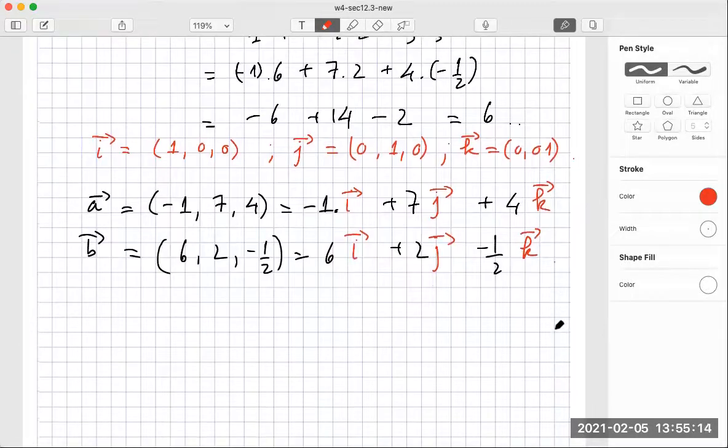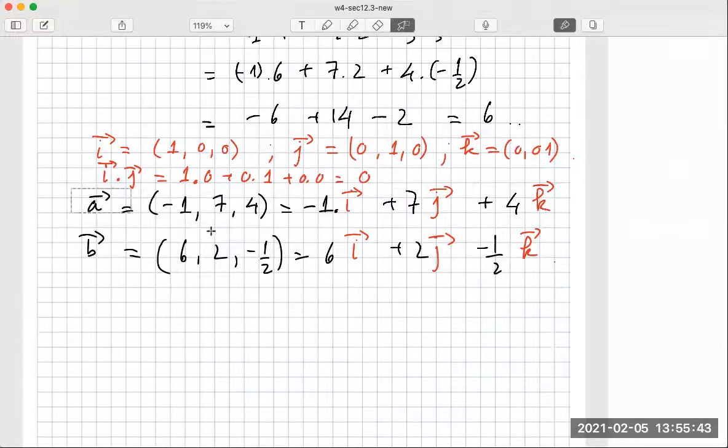The properties of these will be that when I dot product i with j, what is it? It will be 1 times 0 plus 0 times 1 plus 0 times 0, right? And finally, it will be 0. Makes sense.